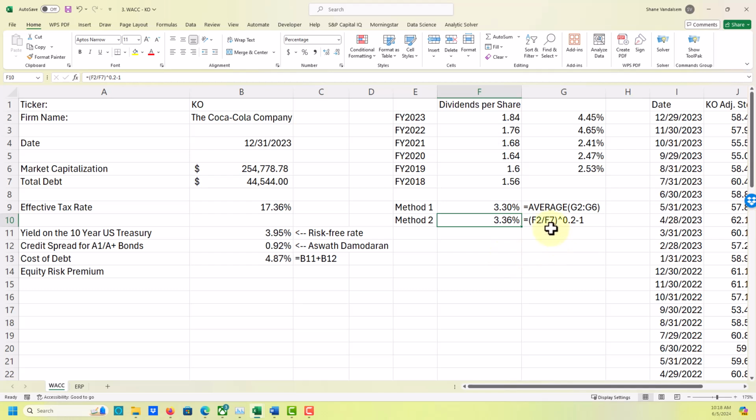So what I've got here is that F2, the value at the end of fiscal year 2023 is 1.84, divided by 1.56, the value 6 years prior, raised to the power of 0.2. And if it helps to make better sense here, we can actually change that to 1/5, because there were 5 years following that.